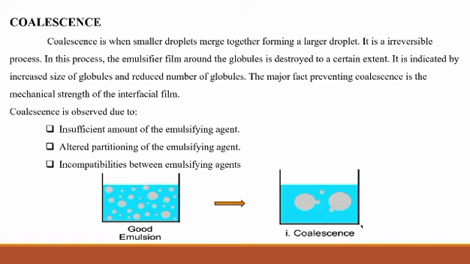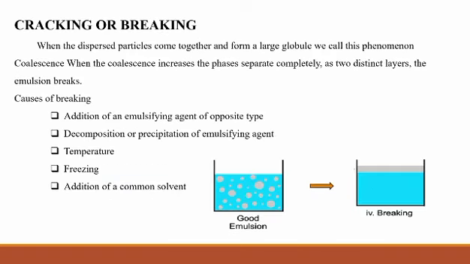We have already studied that we use both acacia and tragacanth in liquid paraffin emulsions, but if you add some other emulsifying agent at that time, it may show incompatibility problems. During those times, we can identify these types of instability phenomena. So coalescence is nothing but smaller droplets merging together to form a larger droplet.